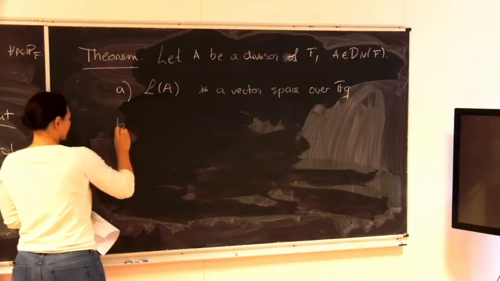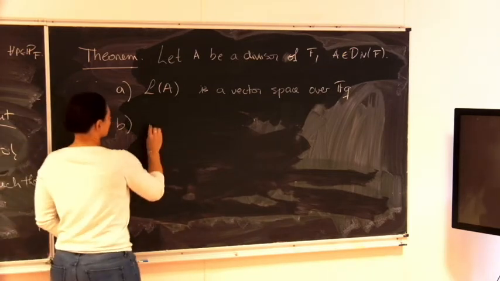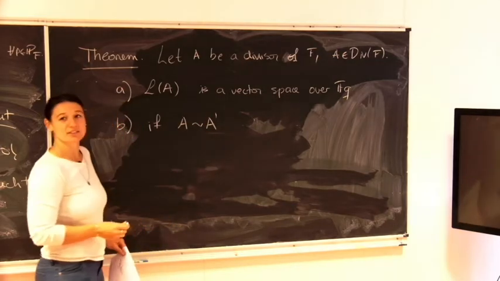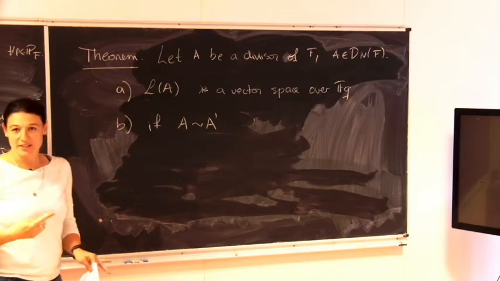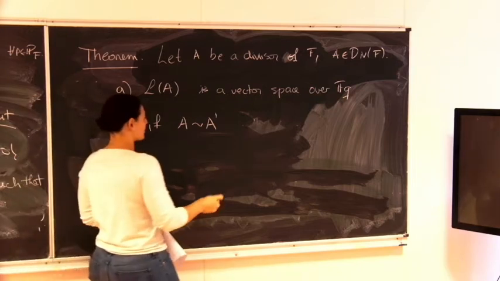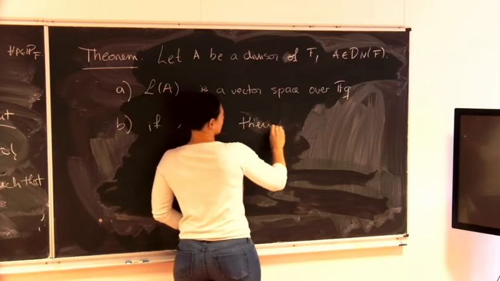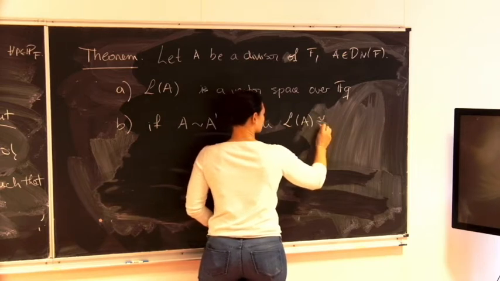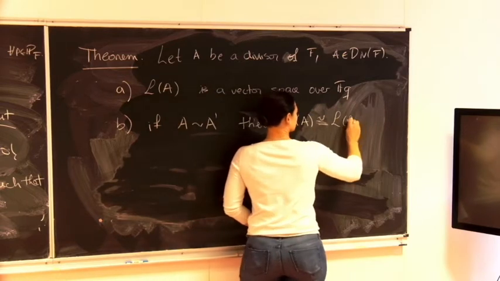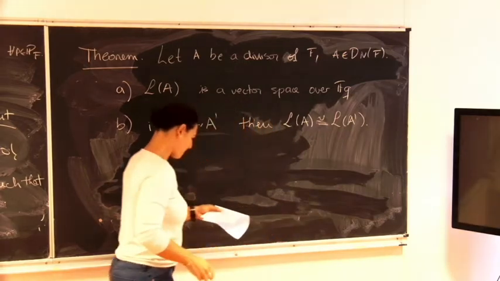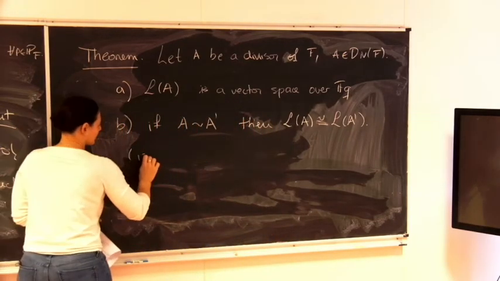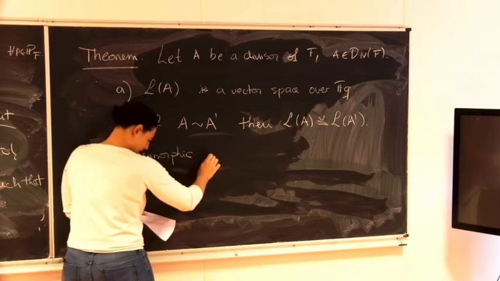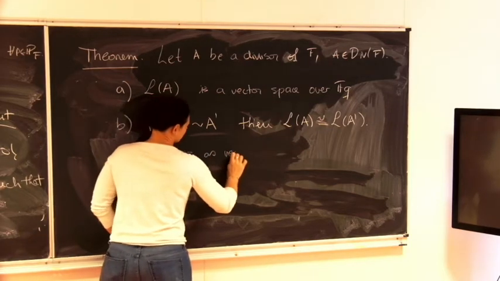And the second thing is that if I have two equivalent divisors, then the Riemann-Roch spaces are isomorphic, isomorphism as vector spaces.